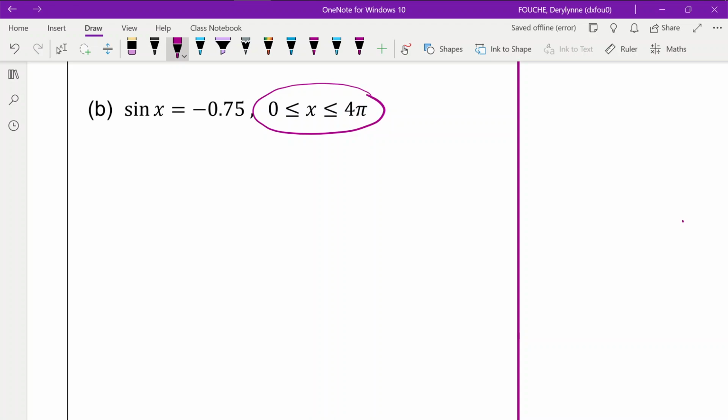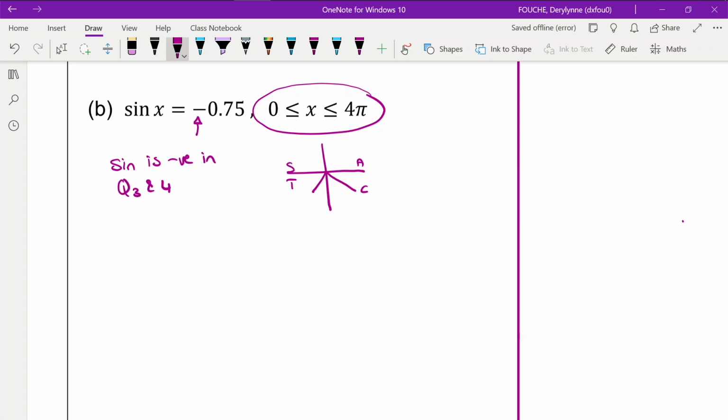We start with saying, okay, that thing is negative, so sine is negative in, and I need to figure out which quadrants, so I draw that and I say, okay, sine is negative in quadrants 3 and 4.